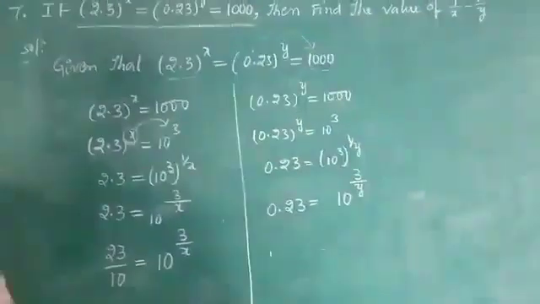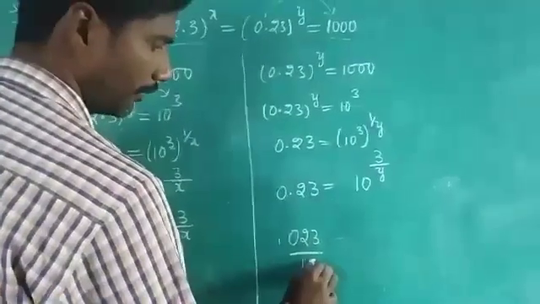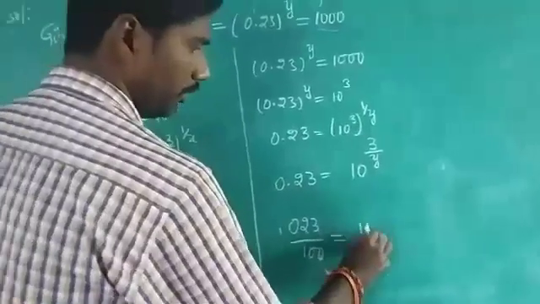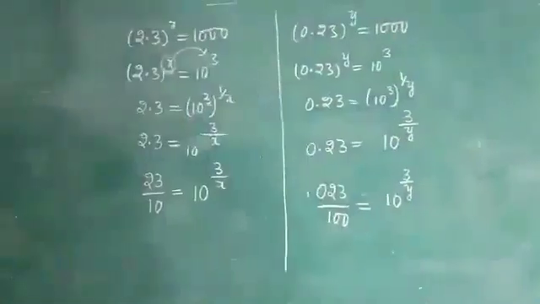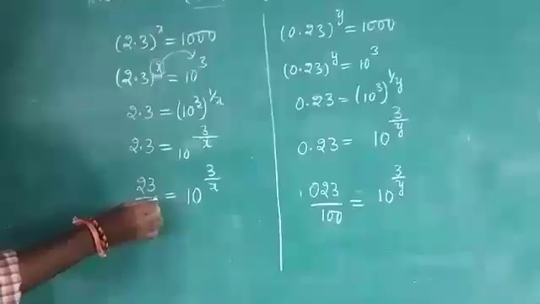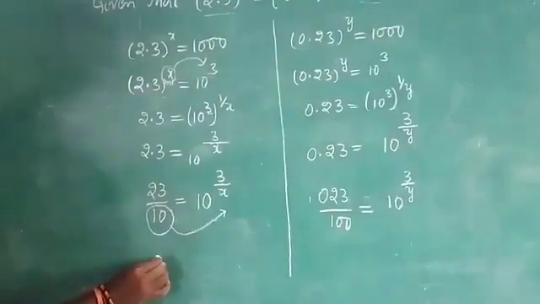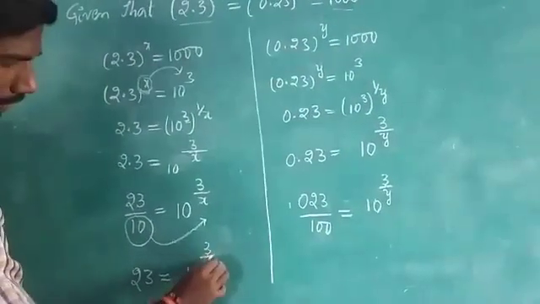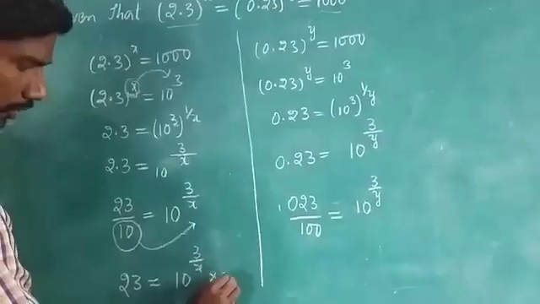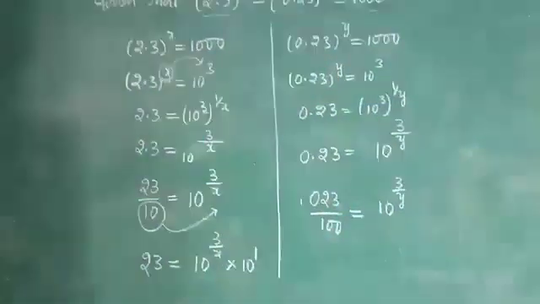Then here also you can write 0.23 as 23 by 100 is equal to 10 to the power of 3 by y. Then this 10 is dividing, it will transport, it will multiply. So you will write 23 is equal to 10 to the power of 3 by x into 10 to the power of 1, nothing but 10 only.